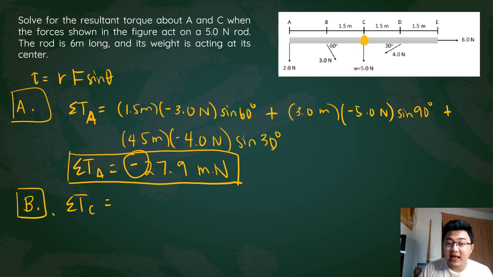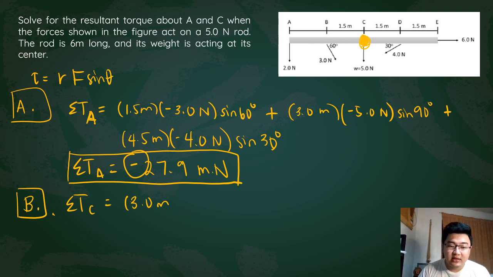For the first one, we have A, and the distance between the axis of rotation and point A is 3 meters, since each point is 1.5 meters away from each other.